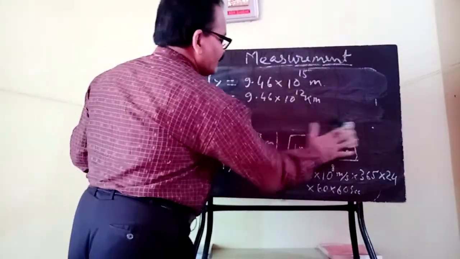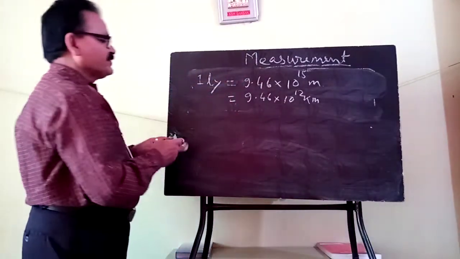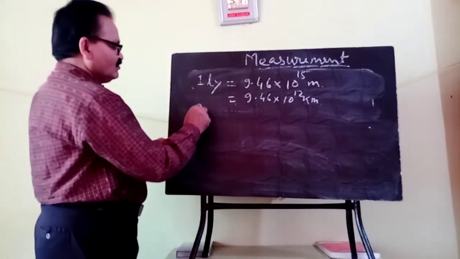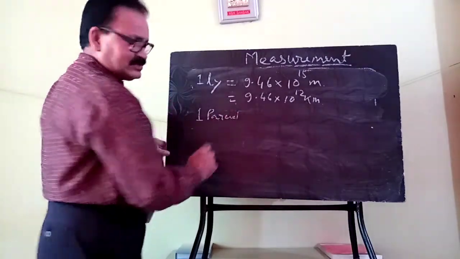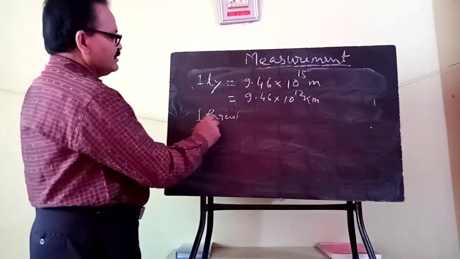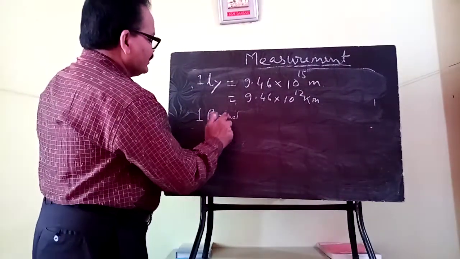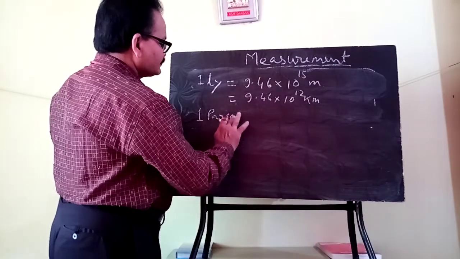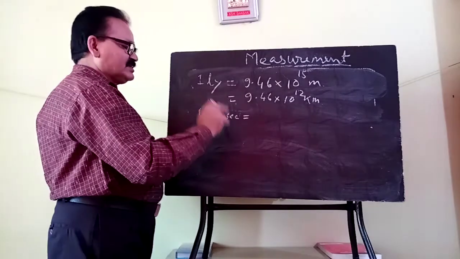And another bigger unit of distance or length is your parsec. This is also a bigger unit for measuring length or distance.